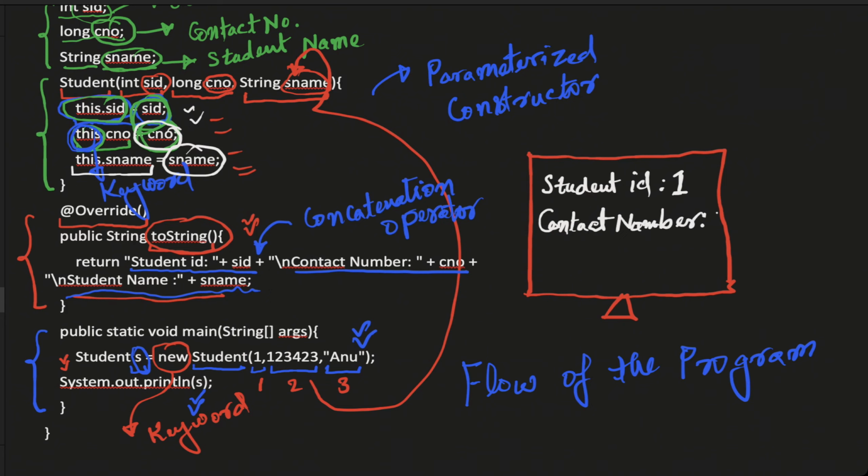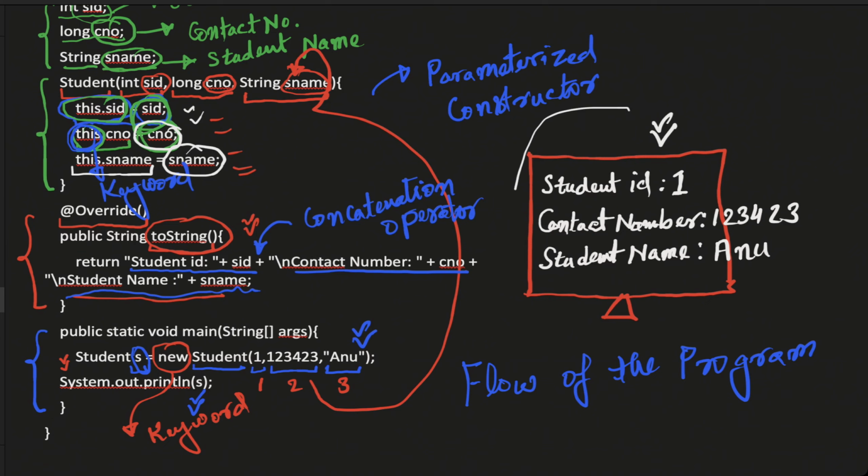Contact number, it is 1234223. This will be printed, and the third string is sName, which is the student name. Student name, it will be printed as Anu. So this is the correct output, or you can say this is the final output of this code.